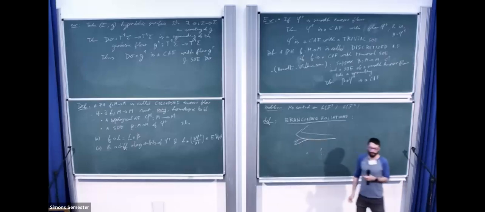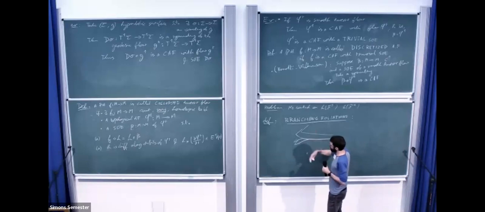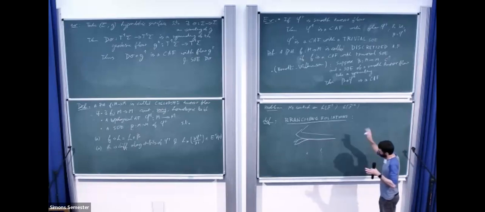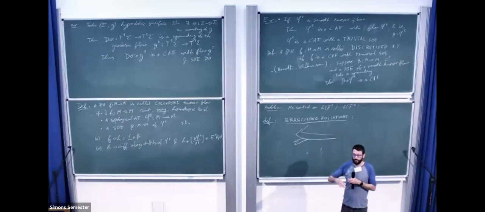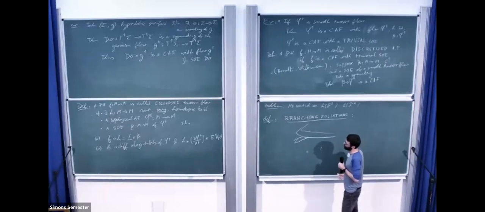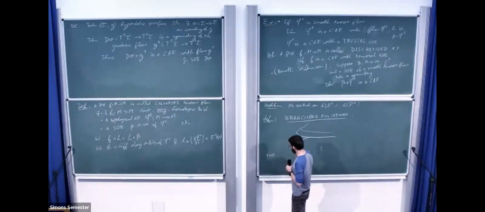And that's not so fun, but it's okay. So a branching foliation, it's enough to think about it as just a foliation, but with leaves that are allowed to merge. And the theorem of Burago and Ivanov, well, there are two theorems of Burago and Ivanov.